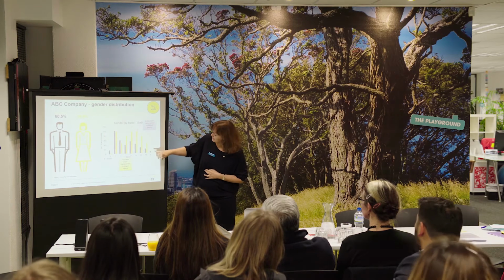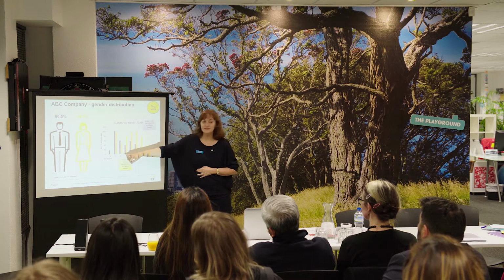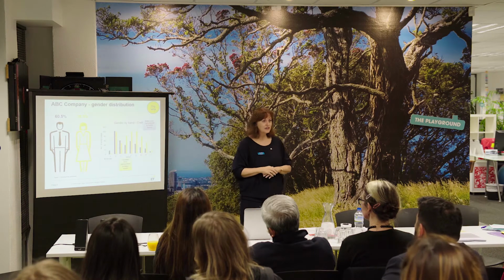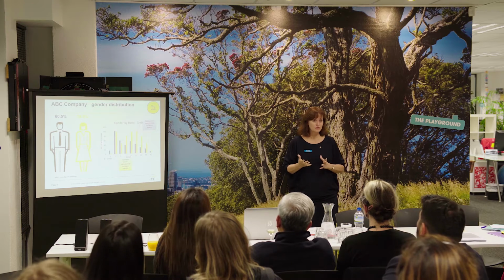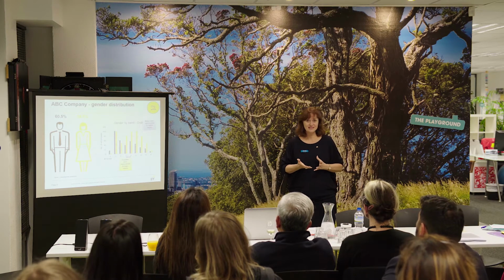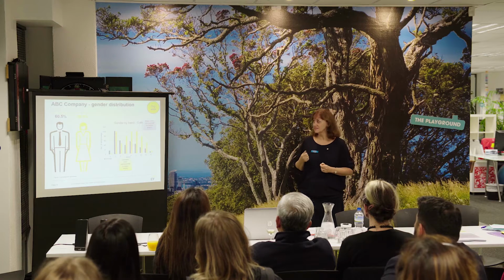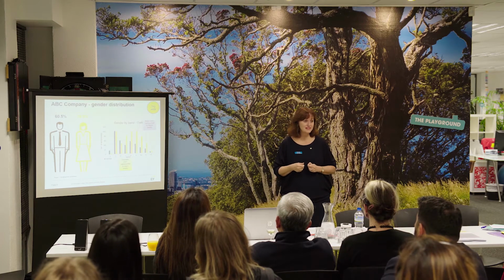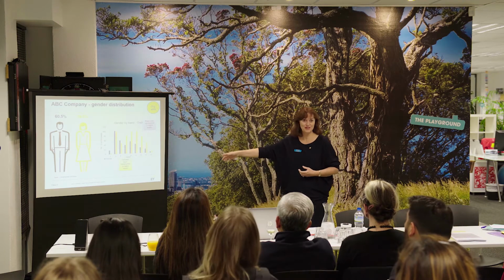Males happen to be the yellow bar and females the dark bar. Now, I could pull this chart out for every organisation I deal with and it would look reasonably the same. How scary is that? Because we actually know in New Zealand, and New Zealand's not untypical of other countries, that about 80% of our females in jobs are in lower paying jobs. So we've got to do something about that.